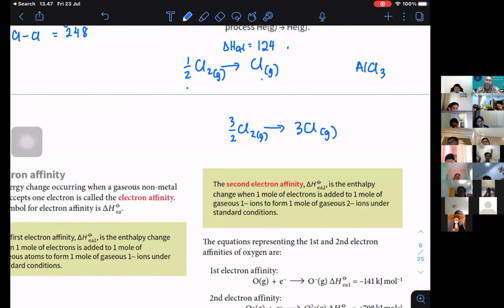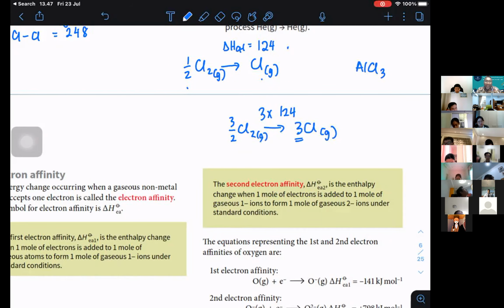I should write down 3 times 124. Why? Because I am forming 3 moles of atom of Cl. So 3 times the atomization.